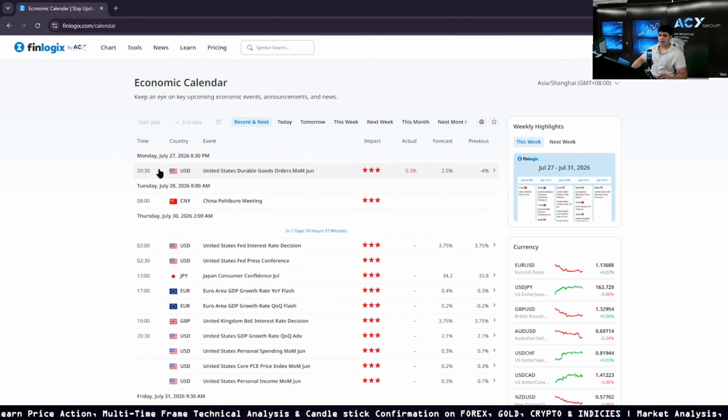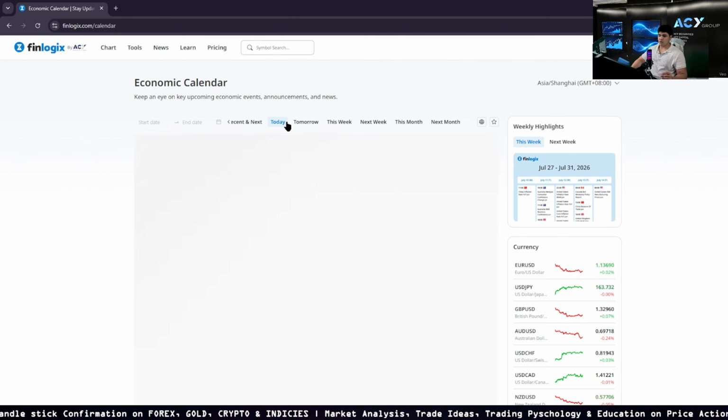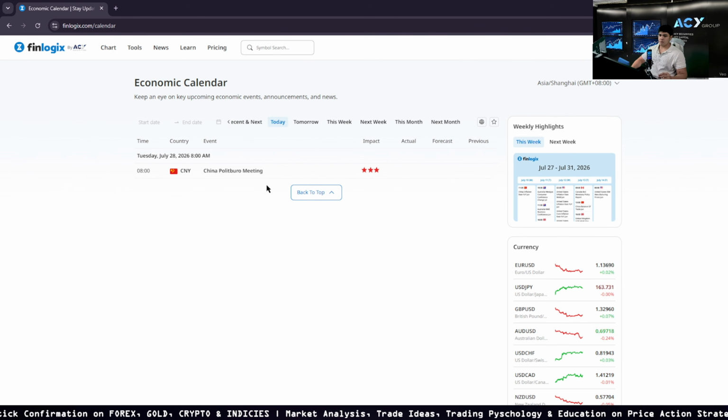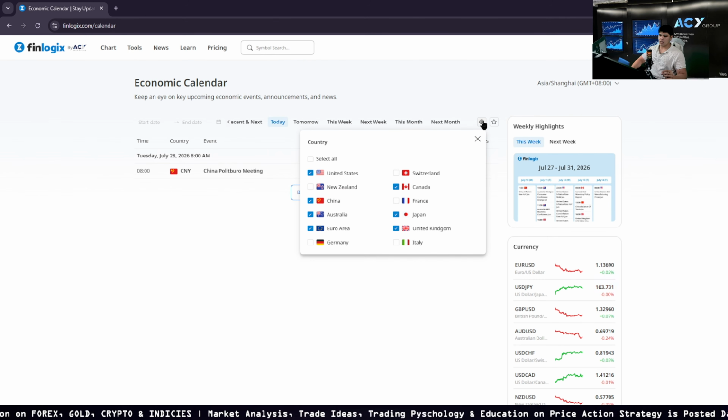As you can see, last Monday there was a low actual versus forecast. I would consider it a bad impact, maybe weakening USD or the major pairs. For today's high impact news, there is only high impact news on CNY pairs.